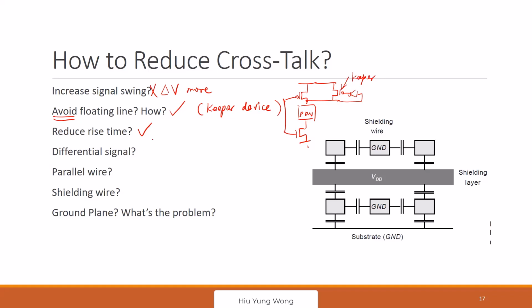Differential signal will help because they will go up and down at the same time, then we are not affected by them, right? Parallel wire is bad, right? Because the coupling cap is going to be large. Or you can use shielding wire, then you can avoid the crosstalk. For example, here, I have some signal here. I add a VDD plane here. We call it ground plane.